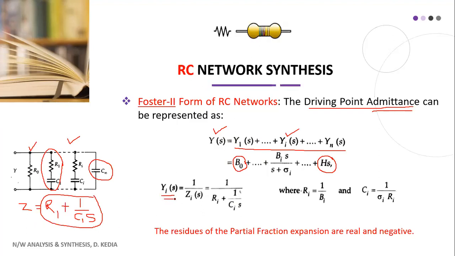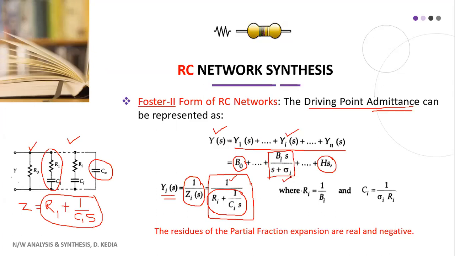So this admittance is equal to 1 by Z, which is 1 by R1 plus 1 by C1s. I hope it is clear. And if you solve this, the form of representation that you will get is B1s divided by S plus sigma 1. For the second branch, B2s by S plus sigma 2, and so on.